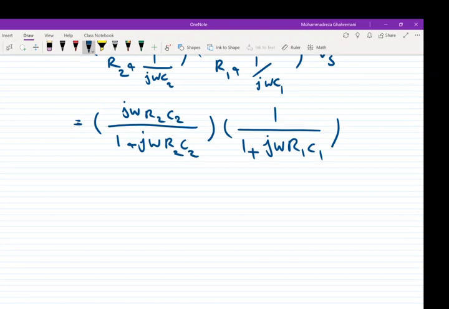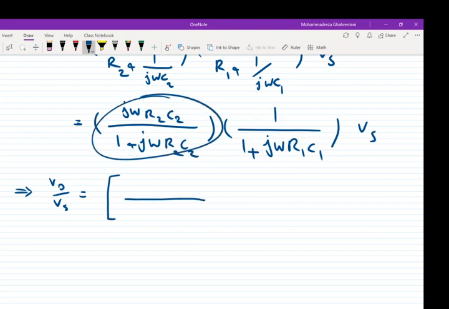So times Vs. And then we can say Vo over Vs is equal to, from the first parenthesis here, from numerator and denominator we factor out R2C2. So we have R2C2 times j omega.